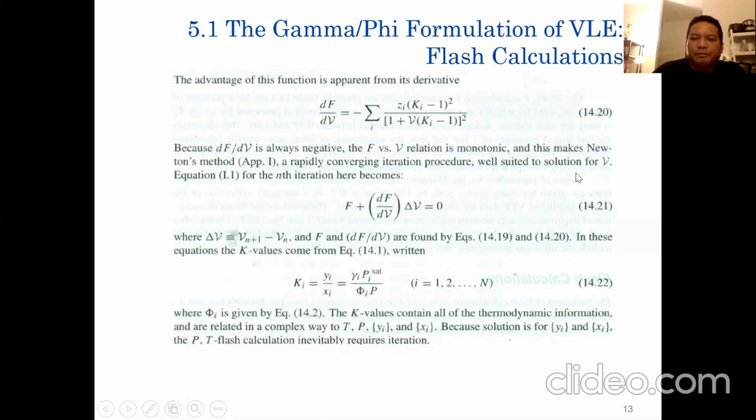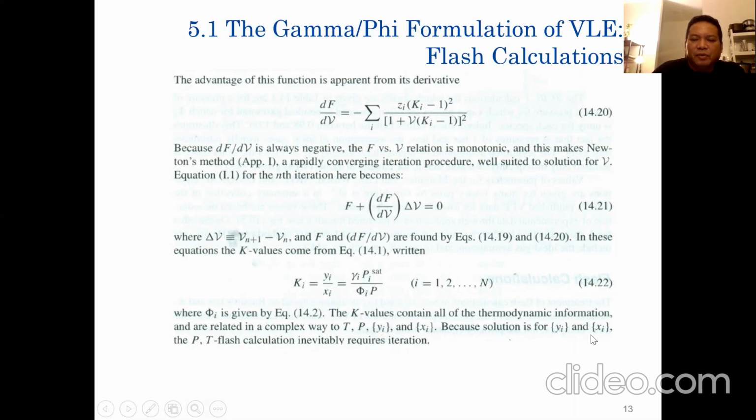And then toward the end, K can be evaluated into this form, which is yi over xi. Can you guys remember? Or it can be written into this form. The K values contain all the thermodynamic information and are related in a complex way to T, P, and xi.